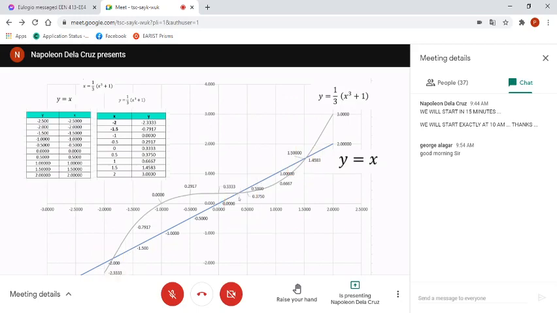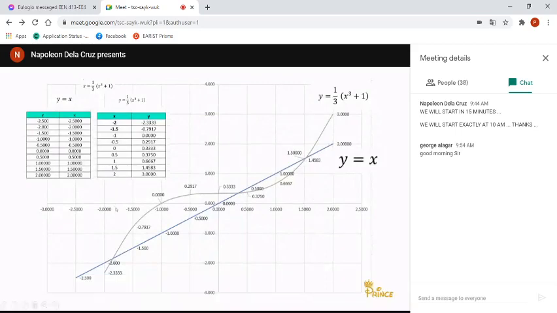Okay? Tignan muna natin ulit. Ito, malapit sa x, 0.5. Ito, malapit sa x, 1.5. Ito, malapit sa x na negative 2.0. Ulitin natin, ha? Ito, malapit sa x na 0.5. Ito, malapit sa x na 1.5. Ito, malapit sa x na negative 2.0. 1, 2, 3.